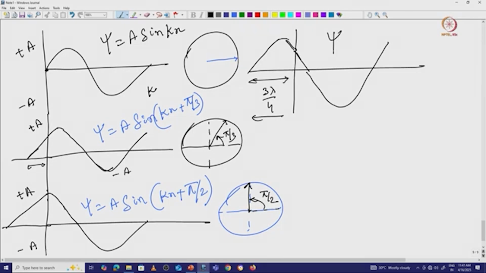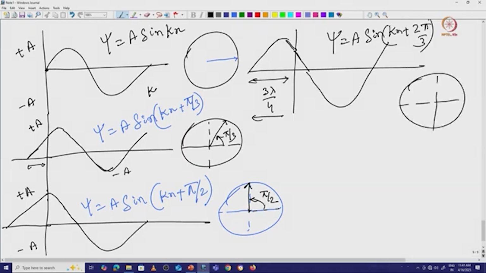So, this will be A sin kx plus 2 pi by 3, and we want to plot it here. So, this is the diagram, and our wave will be rotated like that.